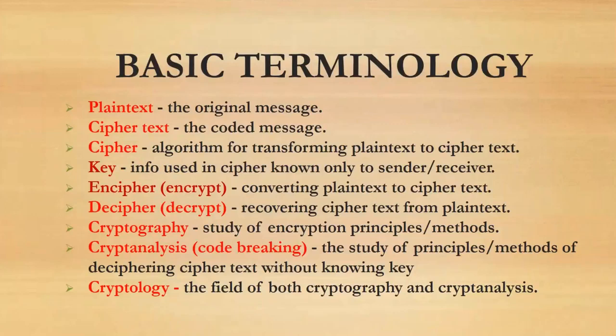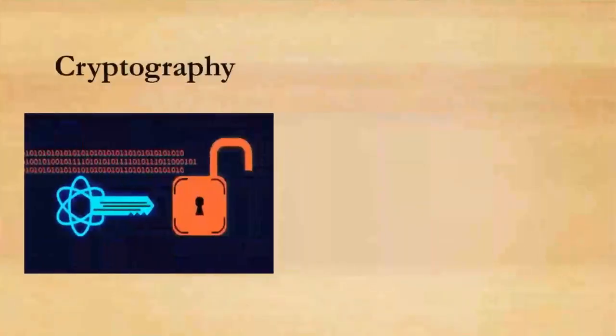Encipher and decipher are converting plain text to ciphertext and vice versa. Cryptography is the study of encryption principles or methods, and cryptanalysis is the study of principles or methods of deciphering ciphertext without knowing the key. Lastly, cryptology is the field of both cryptography and cryptanalysis.